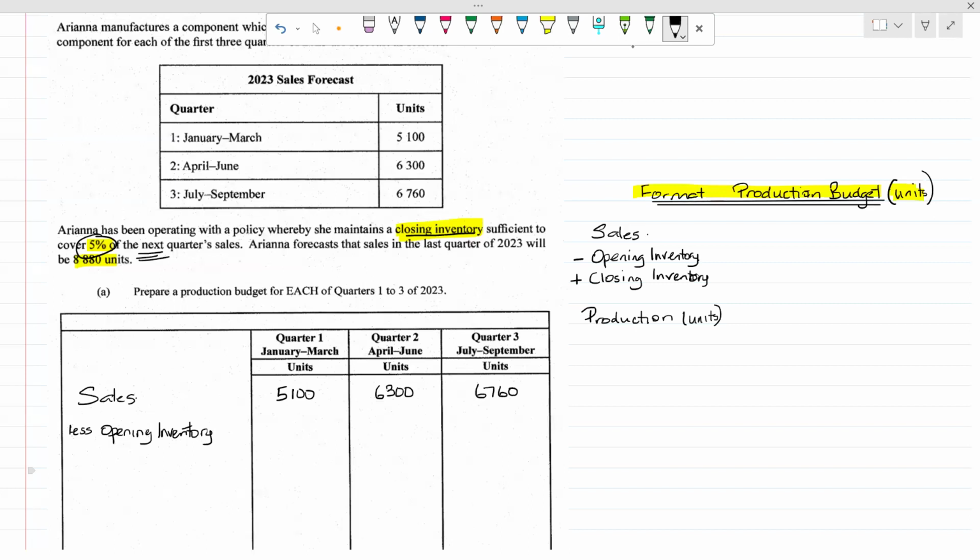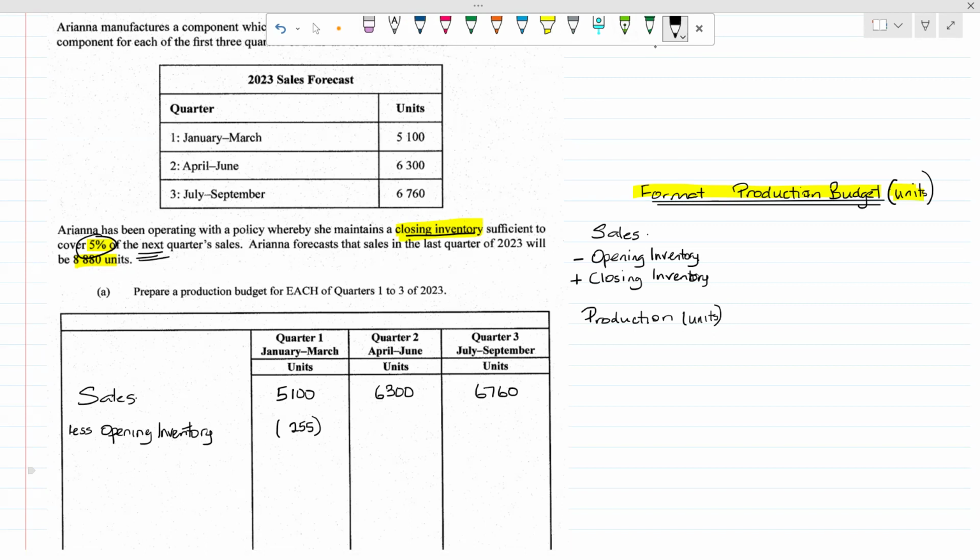So this quarter's sale of 5,100, they would have known that last period, and their opening inventory, which is actually the closing inventory from last period, is 5% of 5,100, which is 255. Yeah? Everybody understand that? So we're going to complete this entire section here.